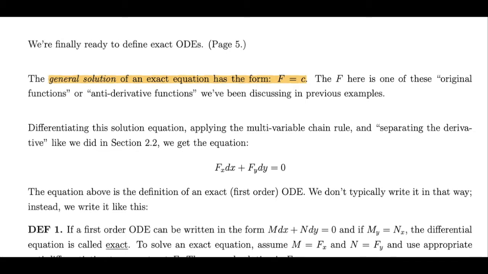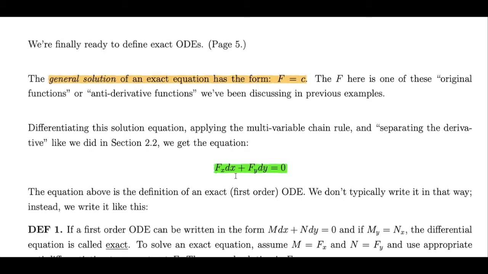What does the original differential equation look like? We actually generate the form of the differential equation by looking at this simple equation, F equals C, applying the chain rule from calculus and doing some rearranging, so that the structure of an exact differential equation is provided by this equation here. So an exact differential equation will have the form some expression times dx plus some other expression times dy equal to 0.